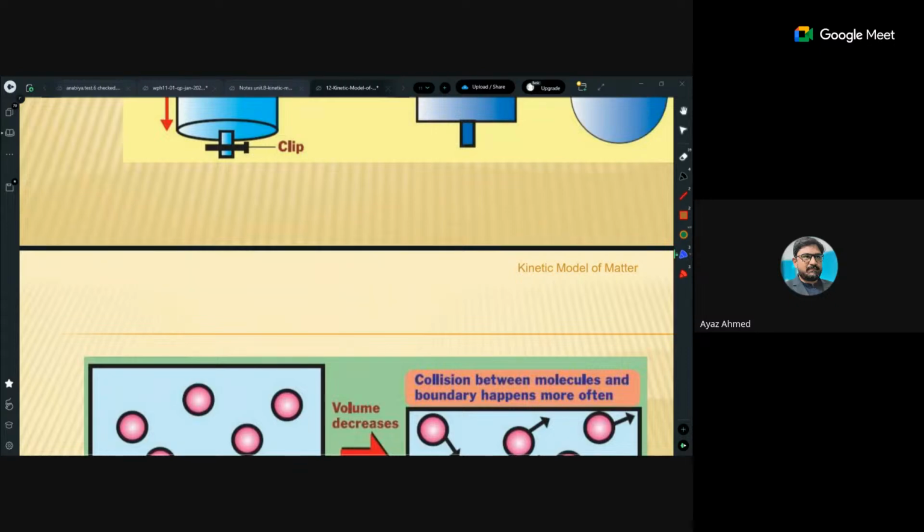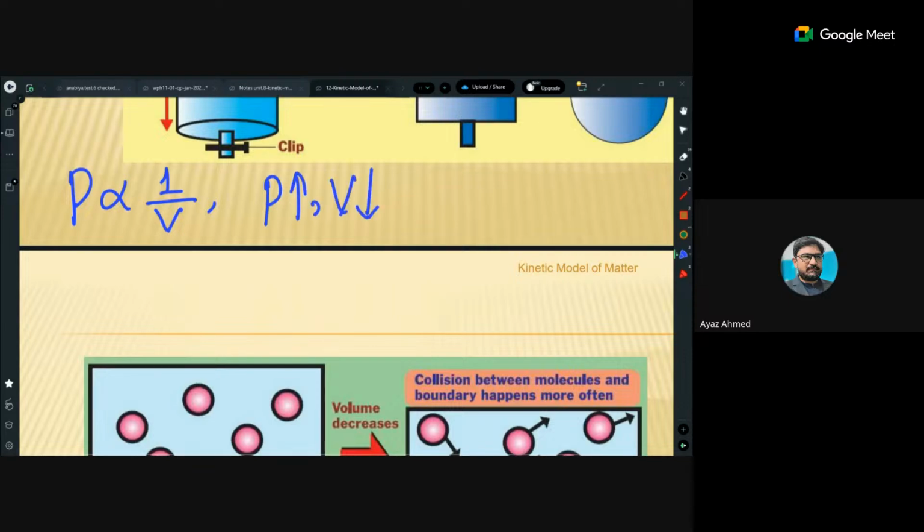I will write the equation which you require. There are many more slides, so I will not go through all of them. But here pressure is inversely proportional to volume. So when you increase the pressure, the volume of the gas would decrease.